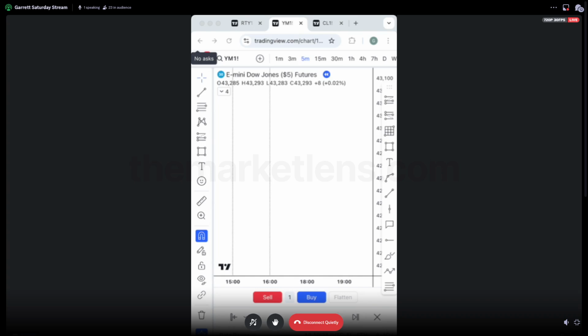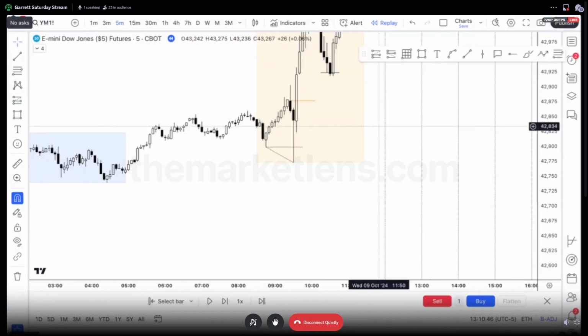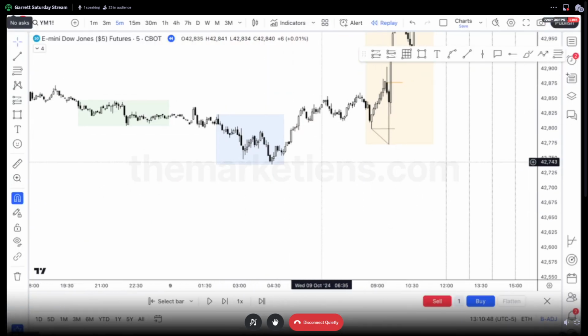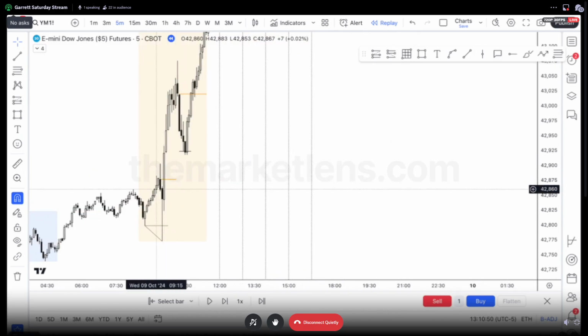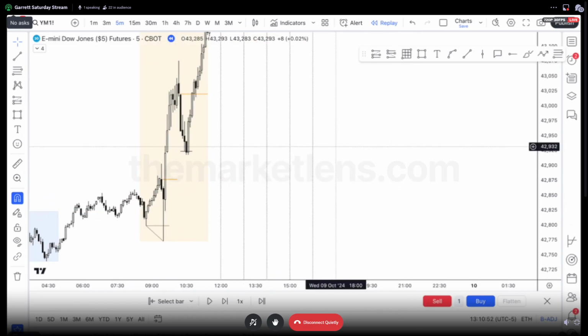So okay, continuation requires opposing candles, and you're looking for a close. Yes. So basically, you're going to have a low of the day already put in, and then you want to wait for a driver. This is what I do at least. I always wait for a driver.